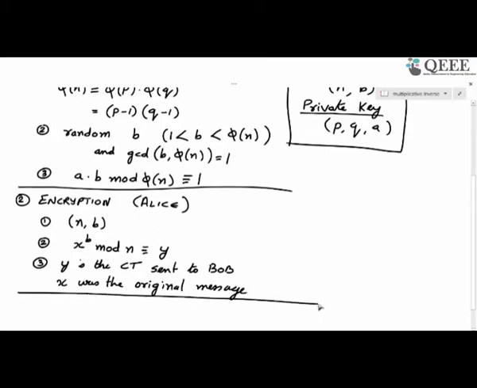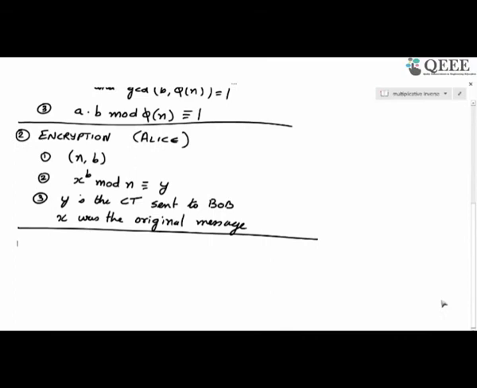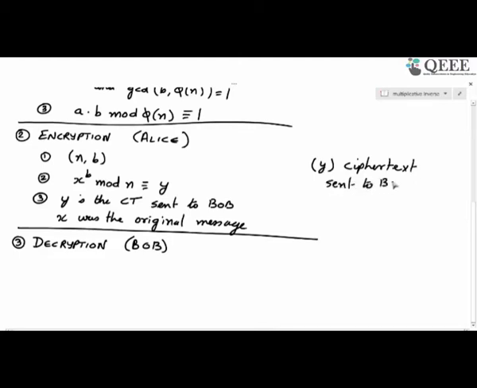Okay, so this is the second step, and the third step is the decryption part, which is done by Bob. The message y, which is the ciphertext, is sent to Bob. So Bob takes the y, which he obtains from Alice, and raises it to the power of a.